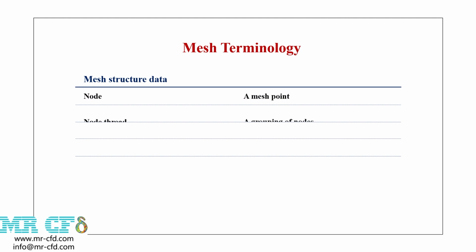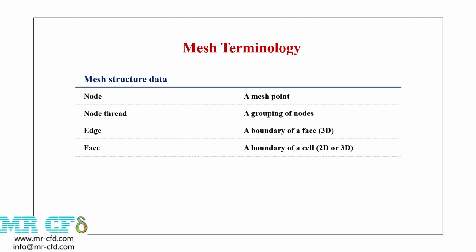Node thread, a group of nodes. Edge, the edge or boundary of a surface in a 3D model. Face, the boundary of a cell, surface in a 3D model or edge in a 2D model. Face thread, a group of surfaces, same as the surface thread.